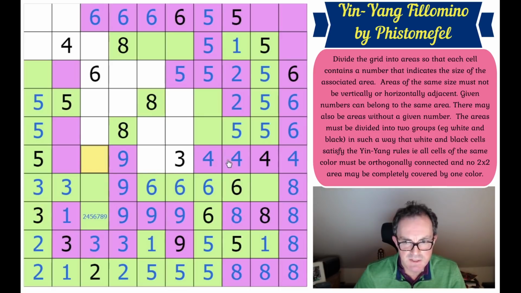So it must take this square. But I don't know whether it continues there, because it could still come 1 that way or 2 that way. This square's green though, to avoid a 2 by 2. Avoid a checkerboard, that square's green. Avoid a 2 by 2, that square's purple.